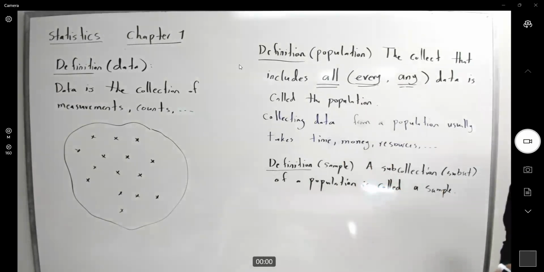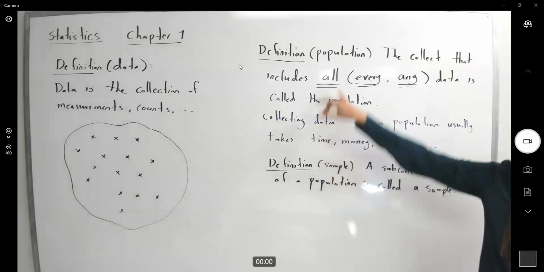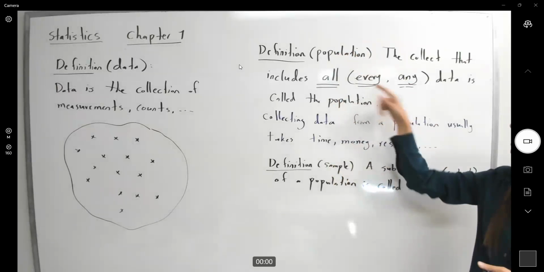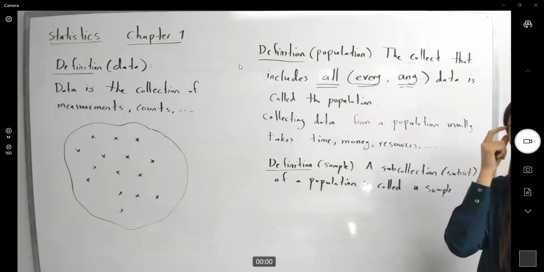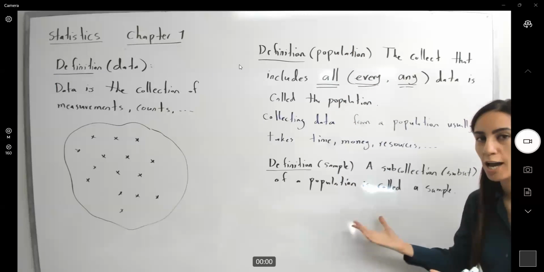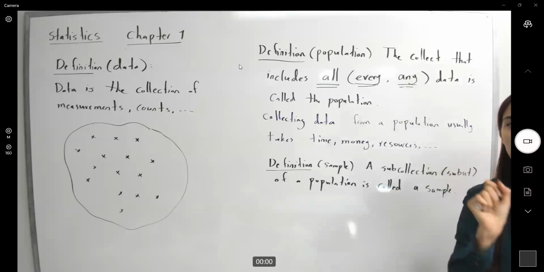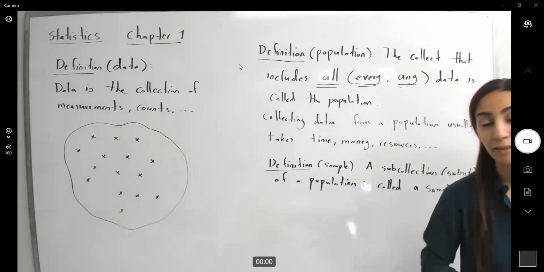Well, I expect you to ask, hey, professor, for population you said we have keywords like all, every, any. Do I have any keyword identifying a sample? To identify a sample, you look for keywords like survey.